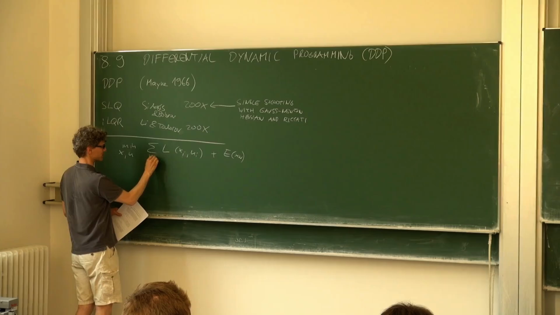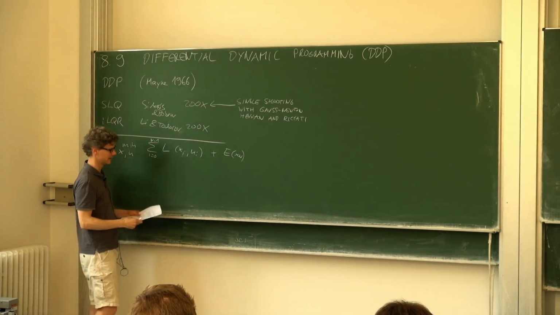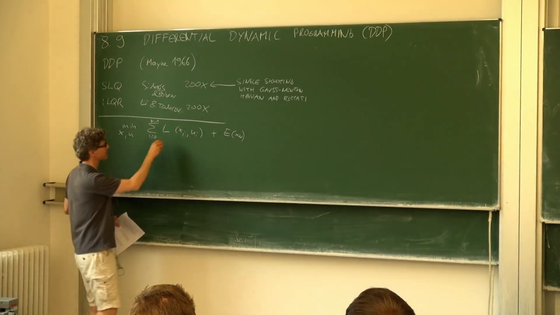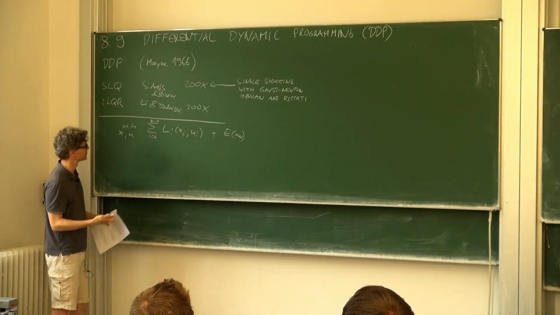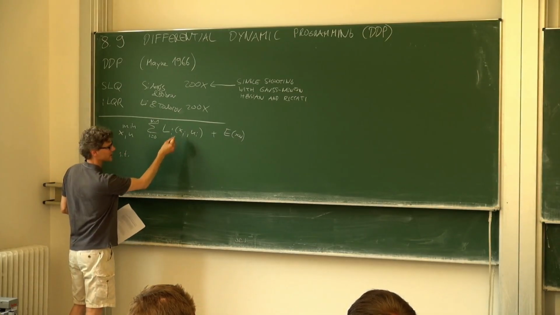And i goes from 0 to N minus 1. So that's the unconstrained objective, and to be more general, I could give you also an index here. This doesn't make a big difference, but it could be time-varying functions.